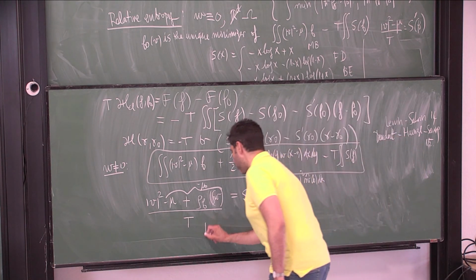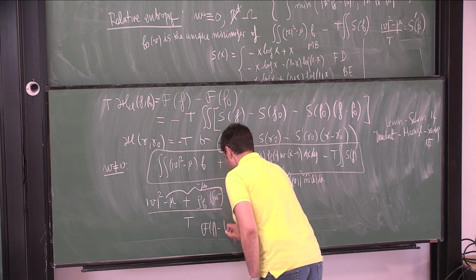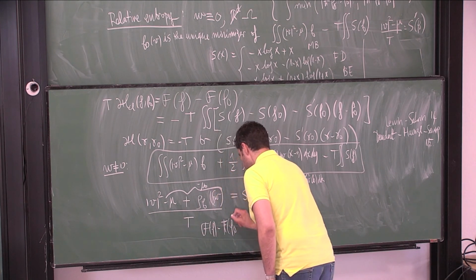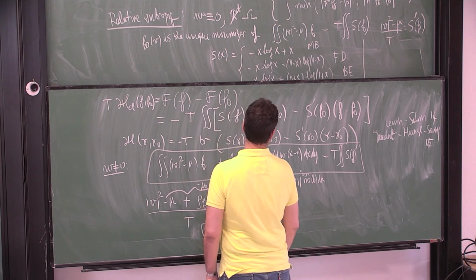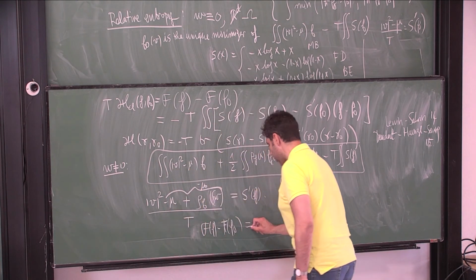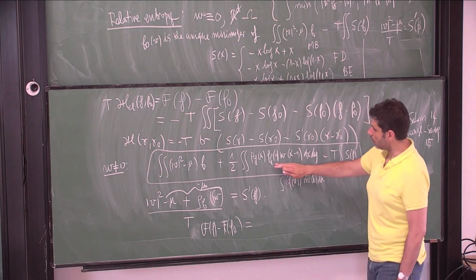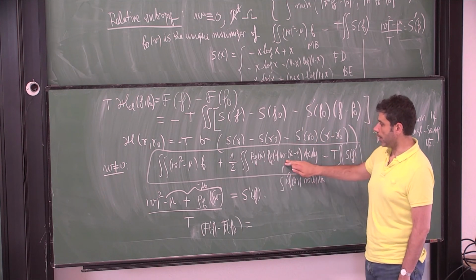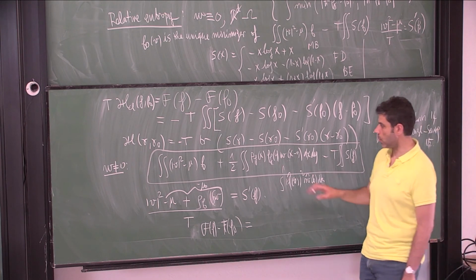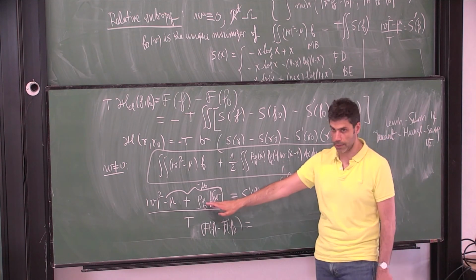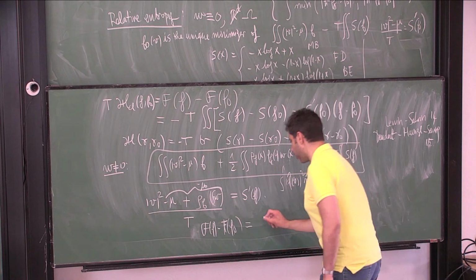But then when you compute the free energy of F minus that of F0, you want to express this nonlinear term in terms of the difference between the rho of F and the rho of F0, and then there is a cross term, and this cross term is exactly this one. So everything simplifies.